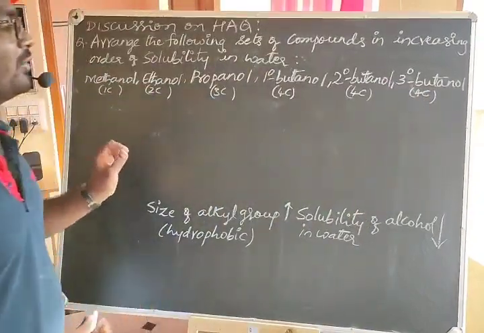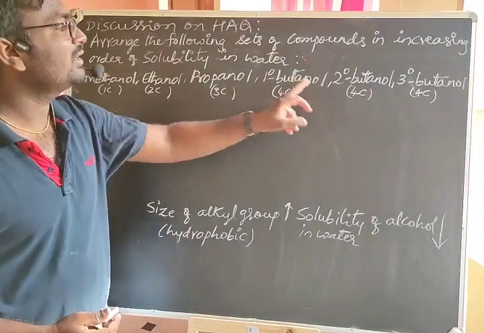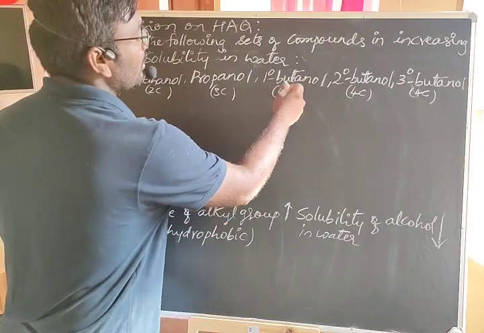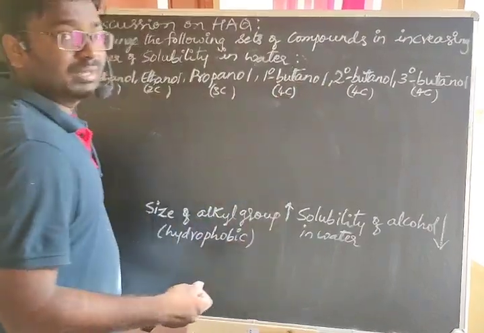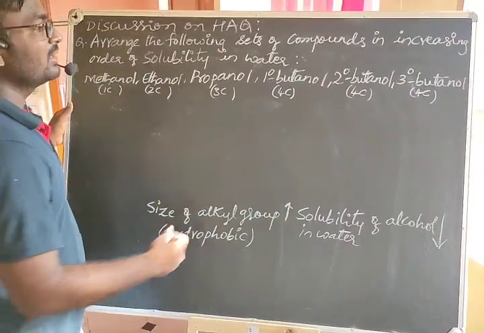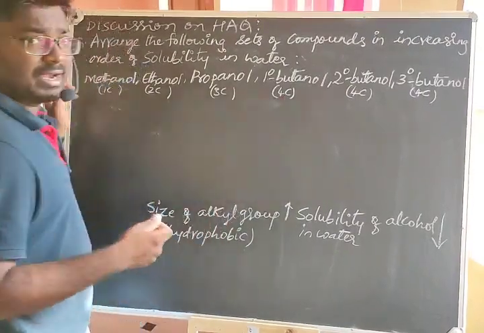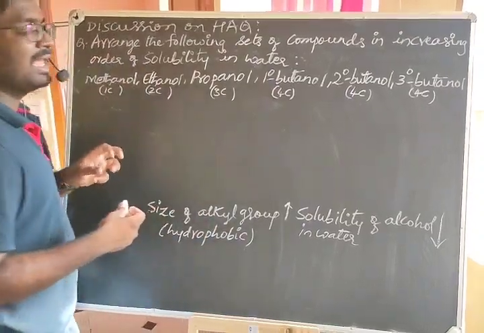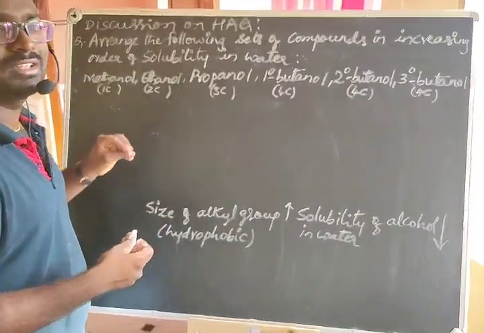When you look at the structures of the primary, secondary and tertiary, the primary butanol will have the largest surface area, therefore its hydrophobic nature is more, and it will have the lowest miscibility with the water.